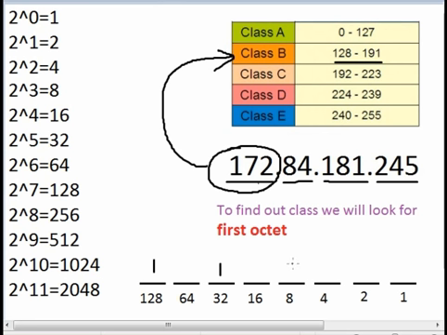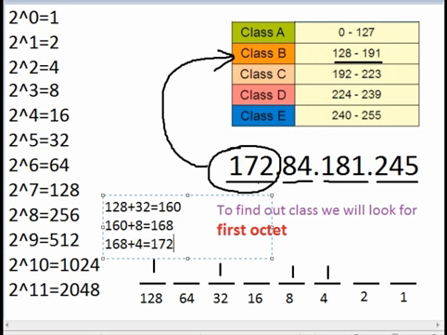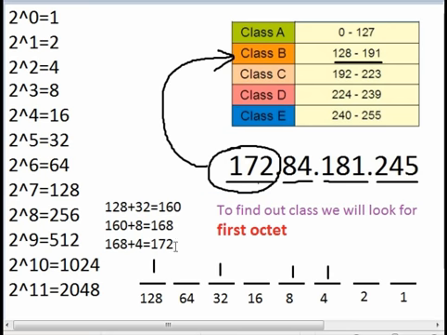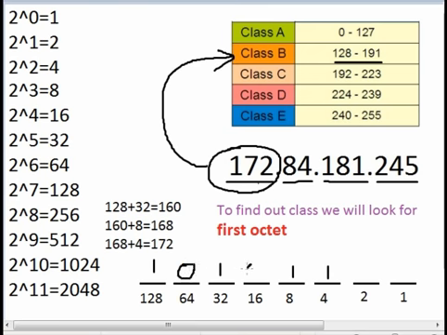another bit on 32, 8 and 4. Let me show you, because 128 plus 32 is equal to 160. 160 plus 8 is equal to 168. 168 plus 4 is equal to 172, and the rest of the bits are 0, 0, 0, 0.